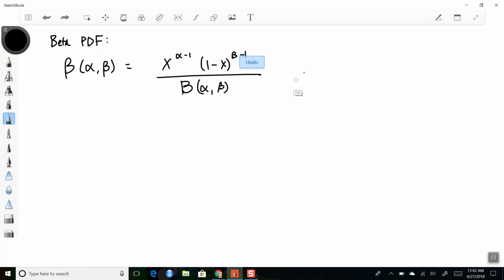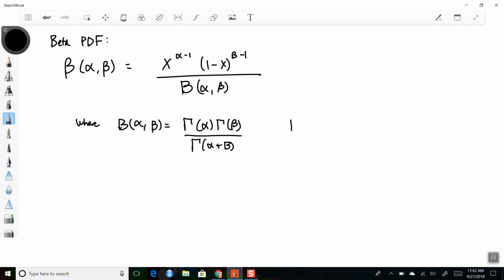Let me write this down here. Beta of alpha comma beta is equal to gamma alpha times gamma beta divided by gamma of alpha plus beta, okay? And then the gamma function of z is equal to the integral from 0 to infinity of x to the z minus 1 and e to the negative x dx.